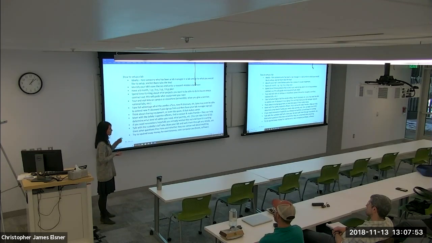Having relationships with some of the vendors that you're going to use the most frequently, having their phone number and their email, can be super helpful. When they have discounts, when they're trying to offload a whole bunch of products, they'll call or email you and say, hey, we bought way too many -80 freezers, so we're offering them at half price. Do you need one? That is an example for me.